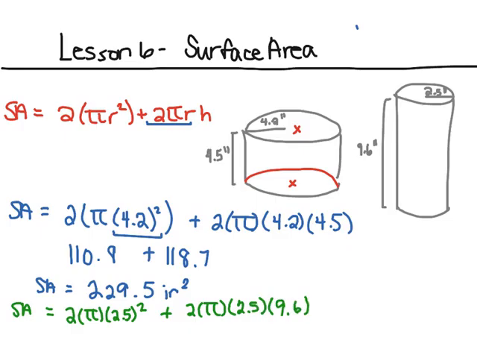When we type the first one in, we'll do the 2.5 squared first, then times it by pi, then times it by 2, and you should get 49.2. For the second part, we do 2 times pi times 2.5 times 9.6, and you get 168.8. And altogether, that equals 218 inches squared.